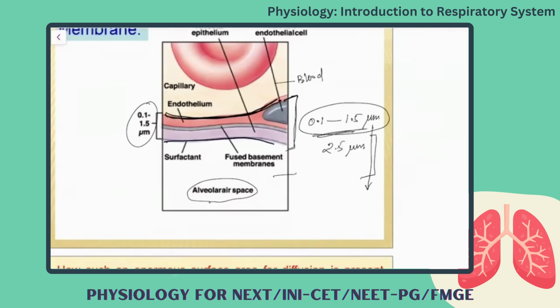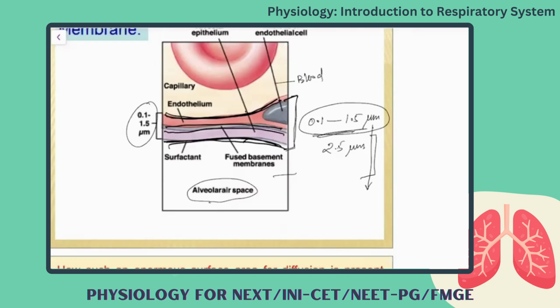On the other side, it has the alveolar cells. The alveoli are made up of epithelial cells. So the capillary endothelium and the alveolar epithelial cells on either side make the respiratory membrane. In between these two layers, it is filled with the, what is the membrane which is between two cells?